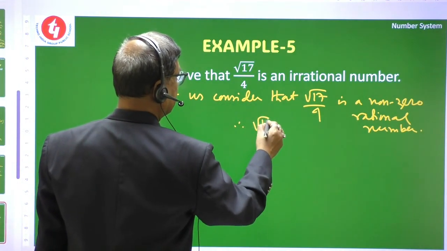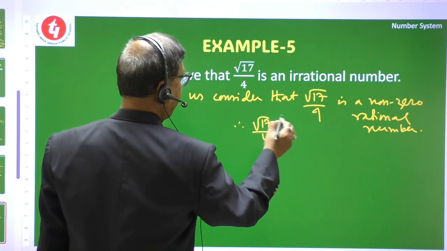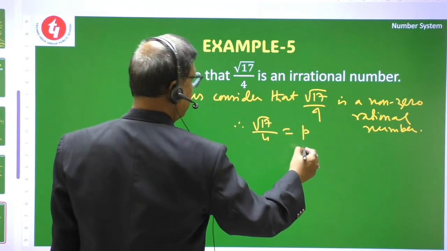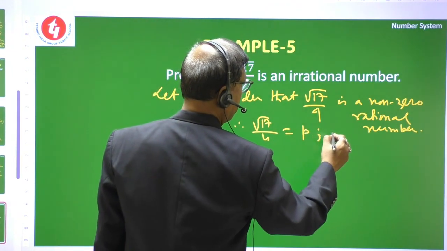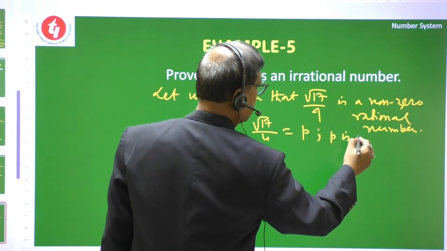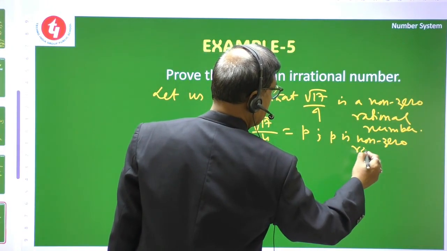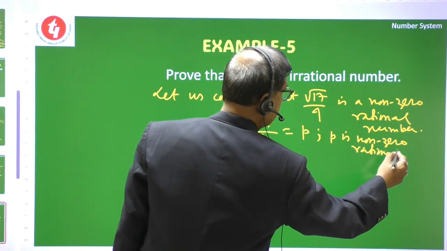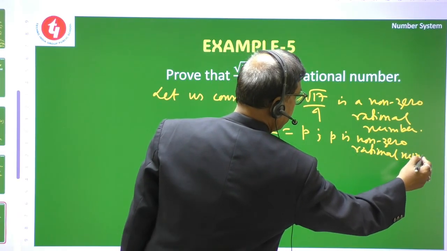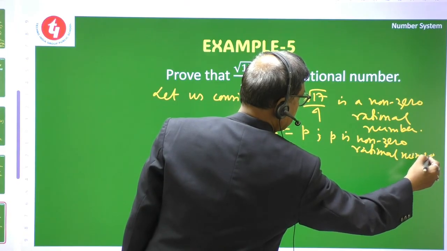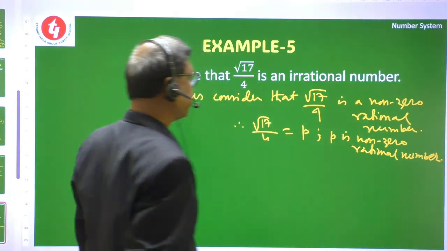Therefore root 17 upon 4 equals to p. P is non-zero rational number. Clear?